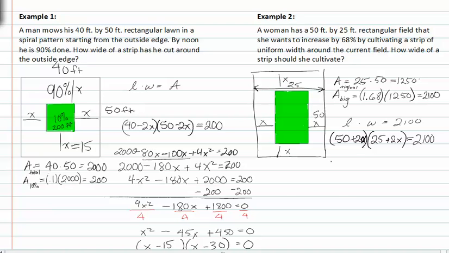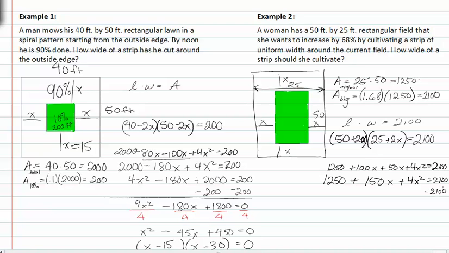Now foiling, we get 1,250 plus 100x plus 50x plus 4x squared equals 2,100. Adding like terms, we get 1,250 plus 150x plus 4x squared equals 2,100.